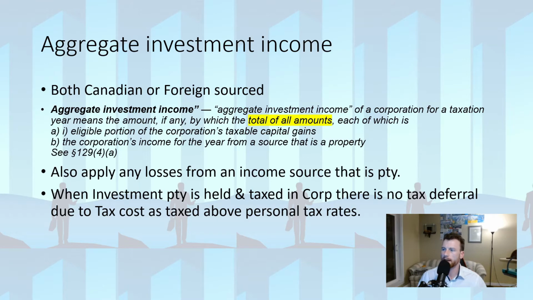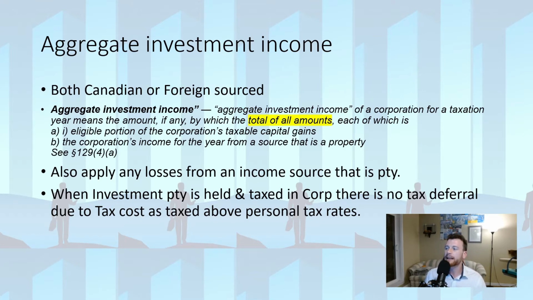Aggregate investment income includes both Canadian and foreign sourced. If you look up the definition in the Income Tax Act, Section 129, Part 4, Part A, you will see that it includes eligible taxable capital gains. Capital gains are 50% taxed and 50% tax-free.